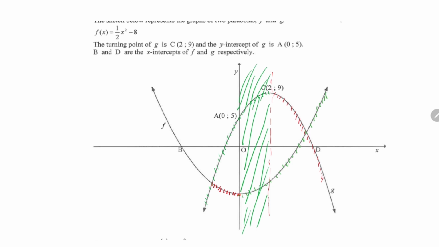So how do we put that in writing? We say graphs f and g are both strictly increasing when x is greater than 0, because it's from here up to there, but less than 2, because here it's a 2 taken from the turning point. So that is how we solve for x in 6.4.2.